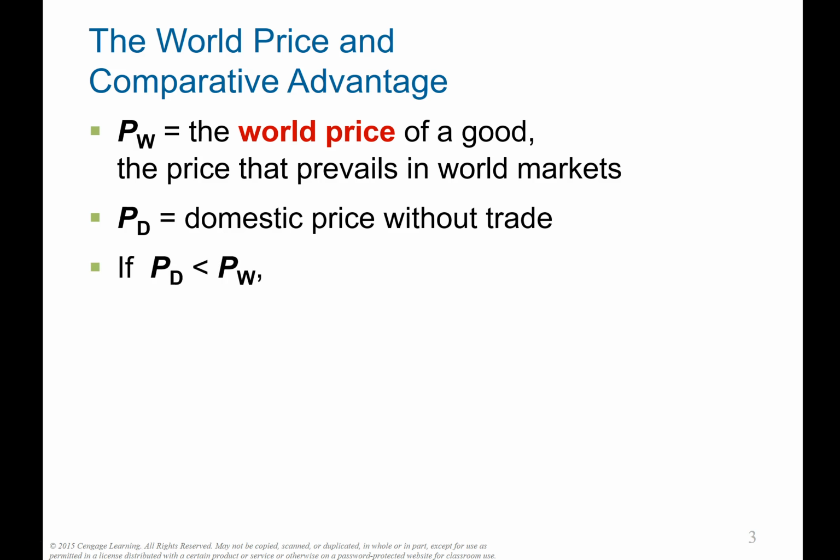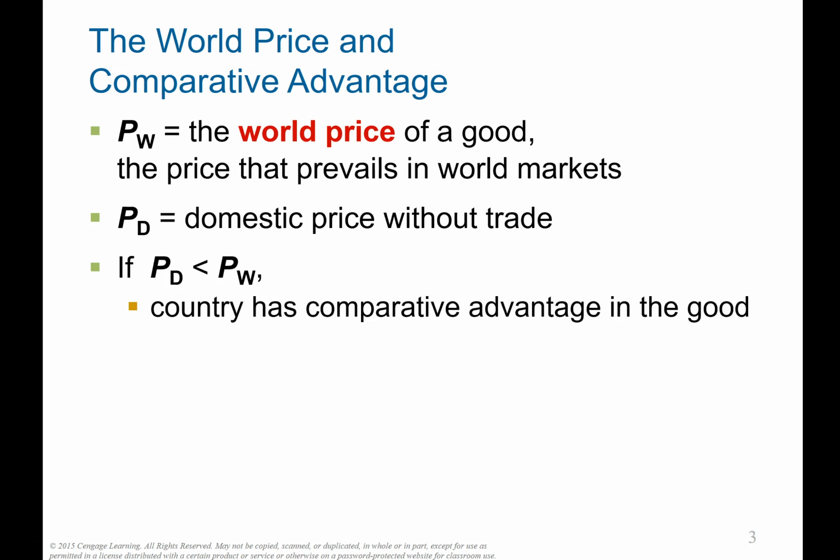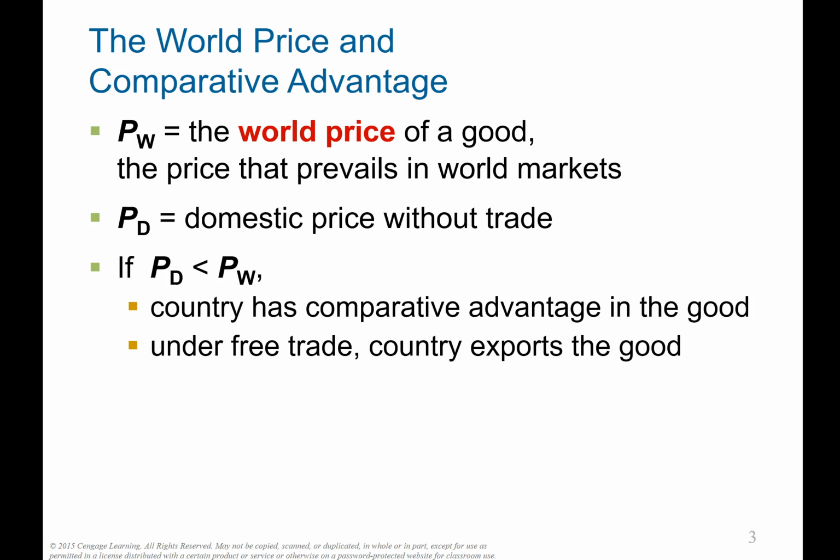If the domestic price is less than the world price, then the country has a comparative advantage in the good. That's a really important understanding to start with. So if you can produce it domestically at a lower cost than the world, then you're going to have a comparative advantage with pretty much any nation you trade with. And if those were the conditions, that country that specializes in that good is going to export the good.